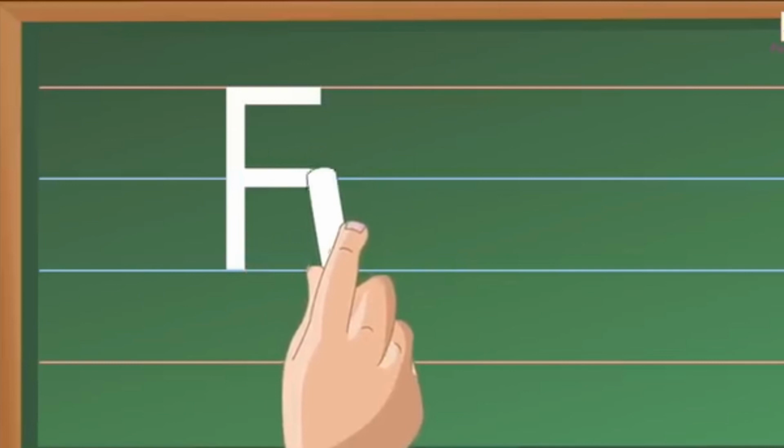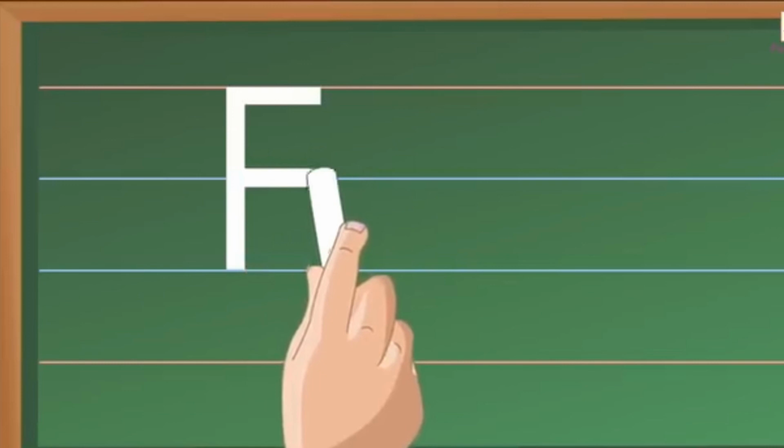If we draw a third sleeping line here, it will become E. In F we will just use two sleeping lines. Okay, very good.